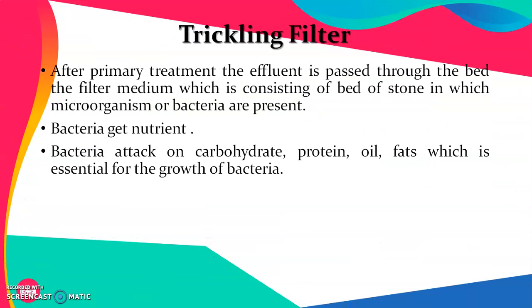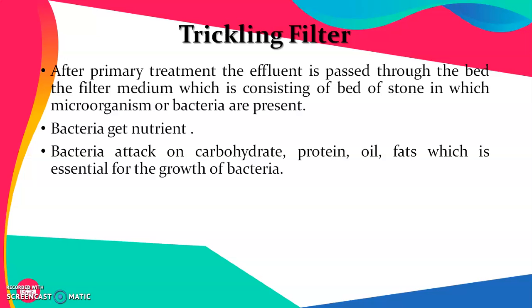Next is the trickling filter. It is another type of aerated secondary treatment. After primary treatment, the effluent is passed through beds of filter medium, which make up the body of the trickling filter and consist of a bed of stone in which microorganisms or bacteria are present.